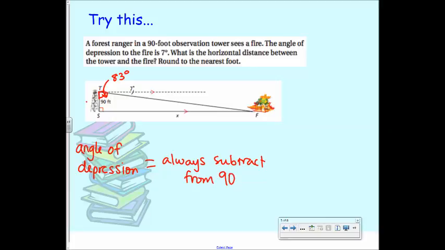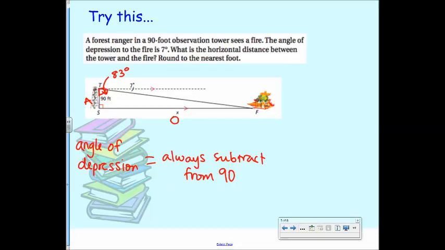Okay, so now we just need to figure out this long side right here. So what's my relationship between 83 and 90? If this side is 90, this is opposite, adjacent, or hypotenuse? Adjacent, and then the x is opposite. So again, I'm going to use what measure?